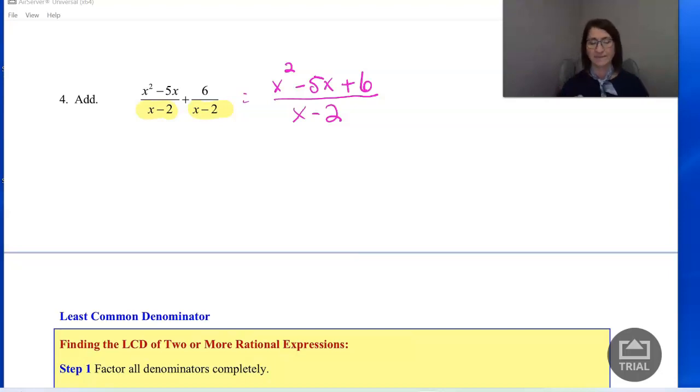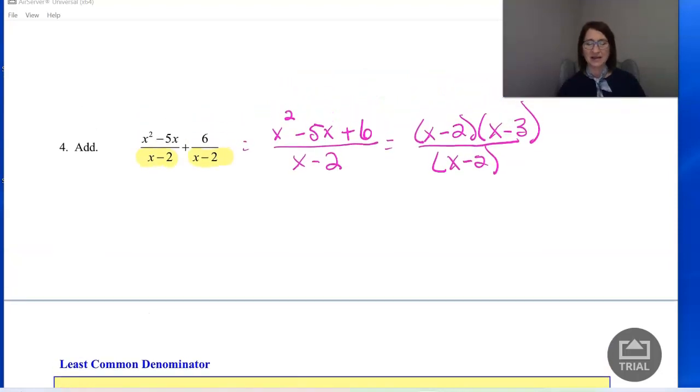We can factor that. So I'm going to factor that and get x minus 2 times x minus 3. And in the denominator, I have x minus 2. These x minus 2's reduce to 1, and so then I'm simply left with x minus 3.